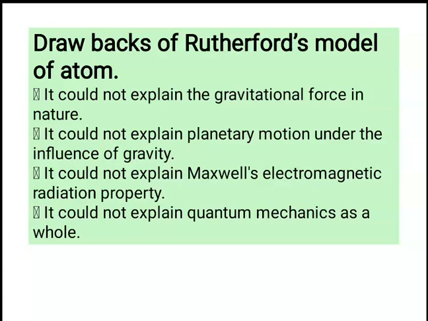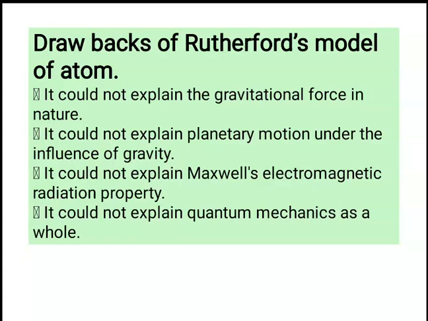This limitation was put forward by Clerk Maxwell. It was put forward by Bohr on the basis of Clerk Maxwell's theory, which Rutherford was not able to explain. And the second important thing is, Rutherford was not able to give the distribution of electrons, how these electrons are distributed.